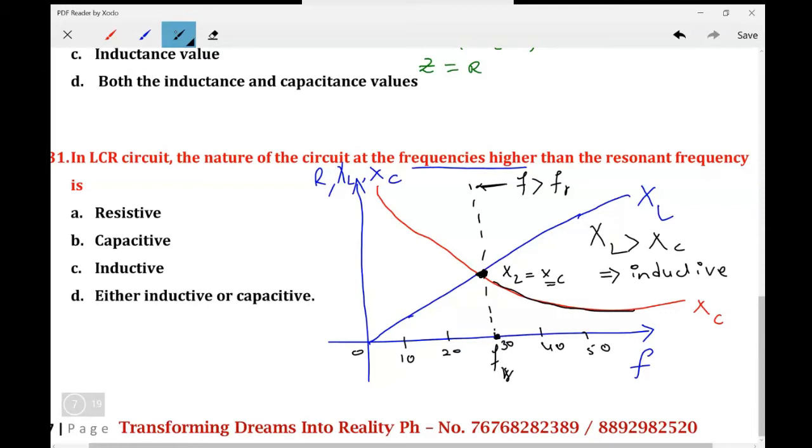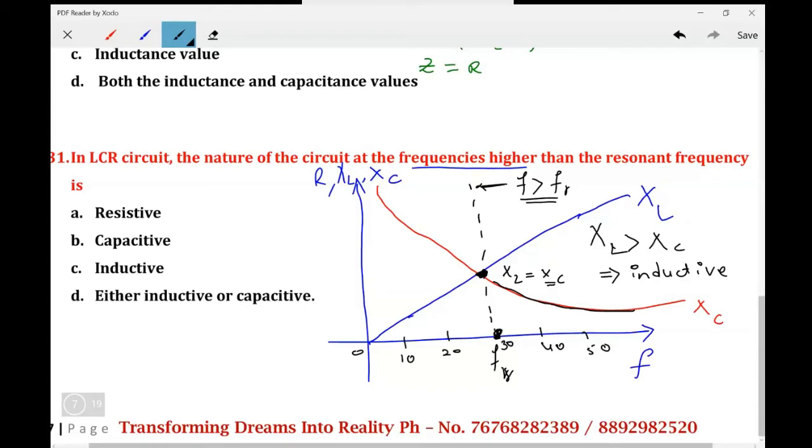So if you increase the frequency above resonant frequency, then the circuit behaves like an inductive circuit. Done. Let us look at the opposite case.